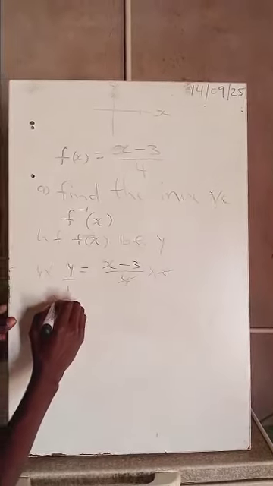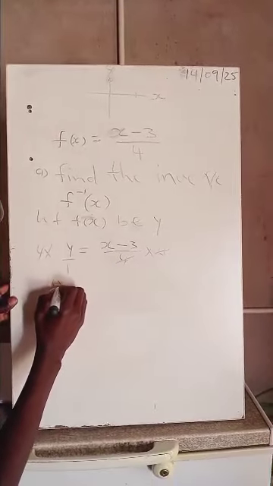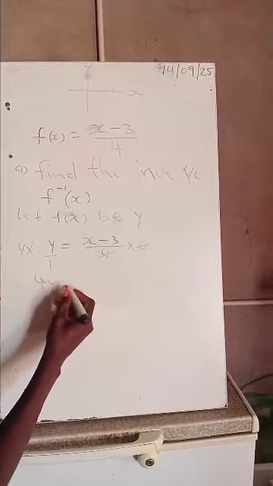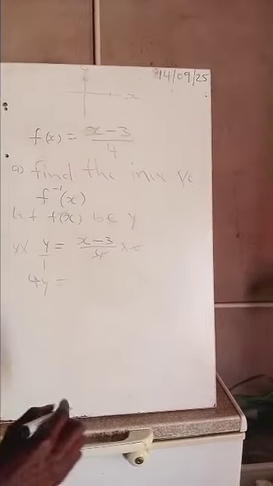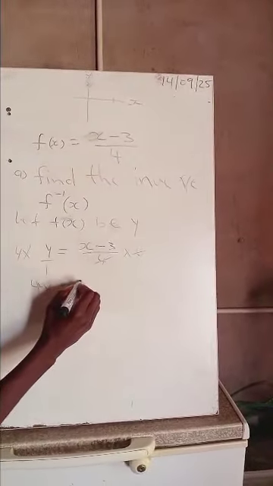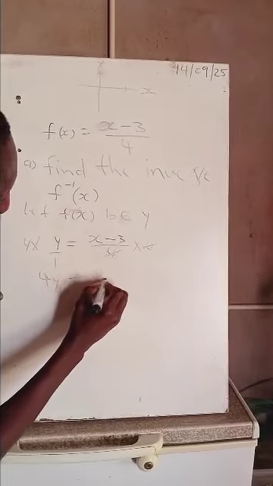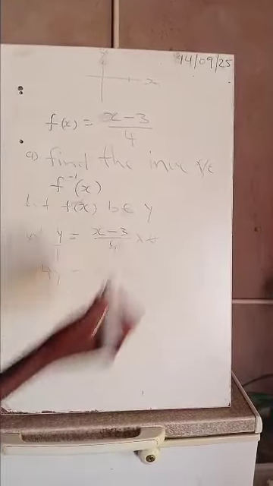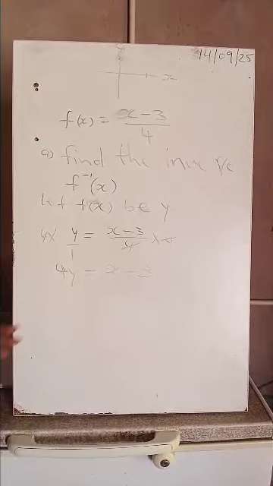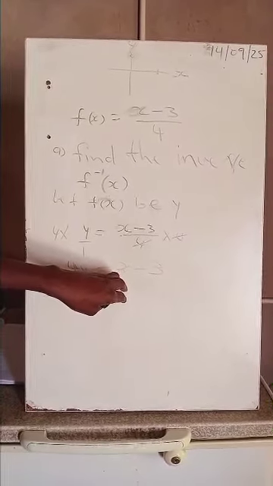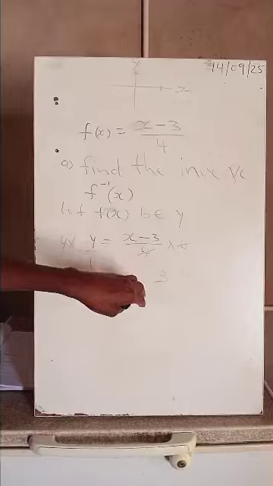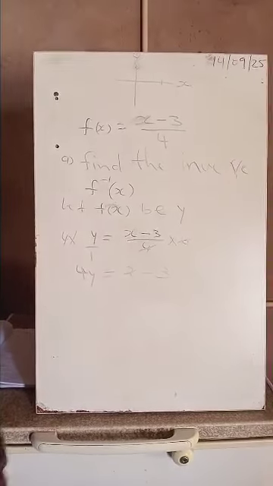Then you have 4y is equal to x minus 3. Therefore, what we want is x, to make x the subject of the formula.